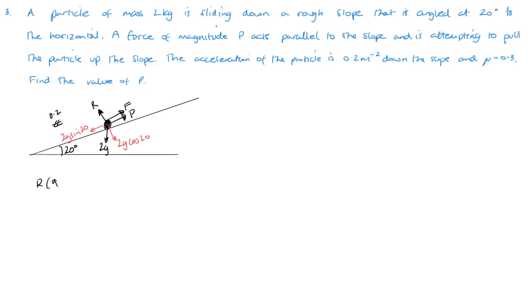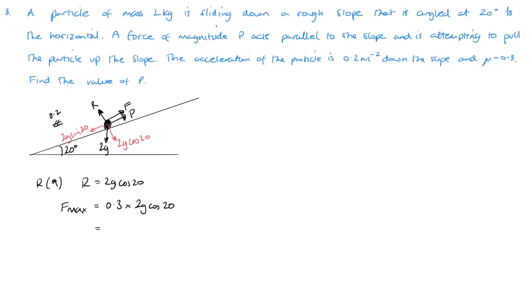So first resolve perpendicular to the slope. So R equals 2G cos 20. So F max will be mu, which is that given to us? Yeah, 0.3 times 2G cos 20.